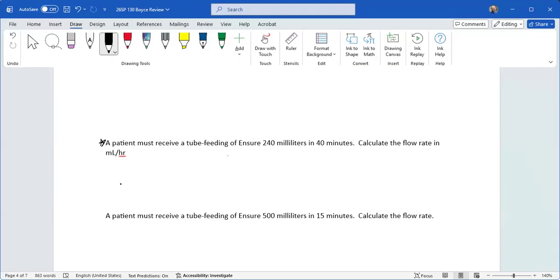What you want to do for that, because the problem is it's not just 0.67, it's 0.67 repeating, right? So what you want to do is just multiply by 60.